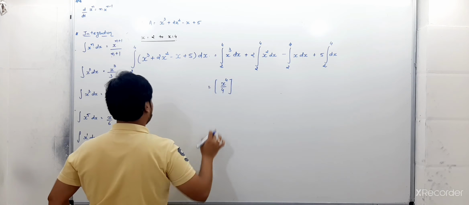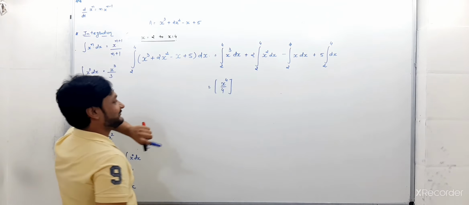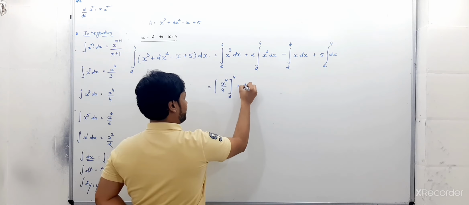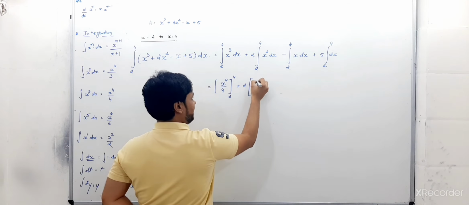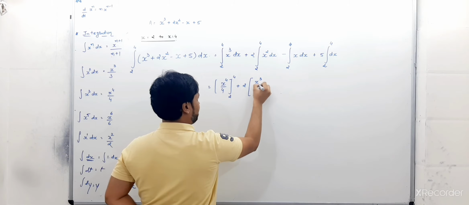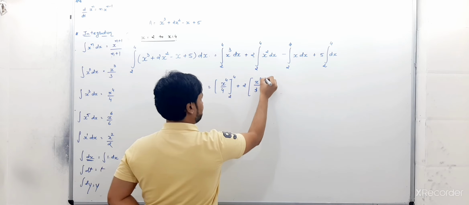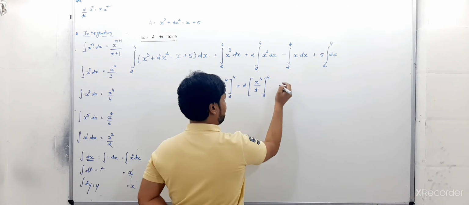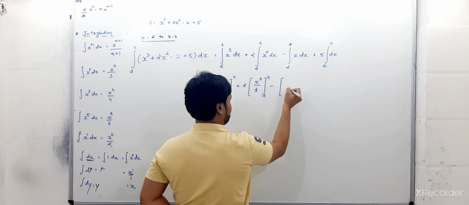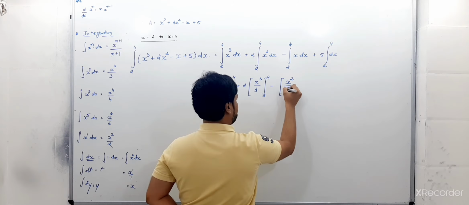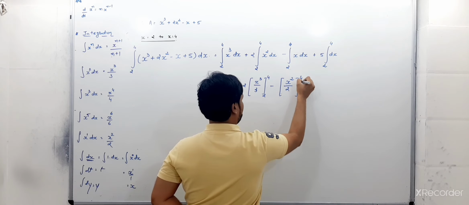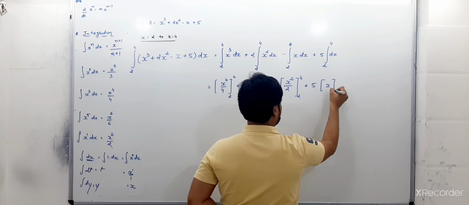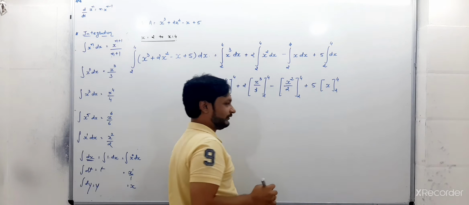There is no necessity to repeat this thing again. 2 to 4, plus 2 x square integration x cube divided by 3, 2 to 4, minus x integration x square divided by 2, 2 to 4, plus 5 dx integration x, 2 to 4.